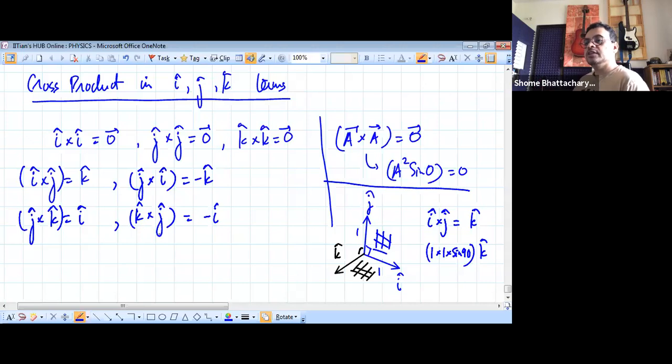For this also you can try it out. Point your thumb along your z-axis and your fingers along the y-axis. See, your palm will be pointing along the negative x-axis. Is this clear, Beta?